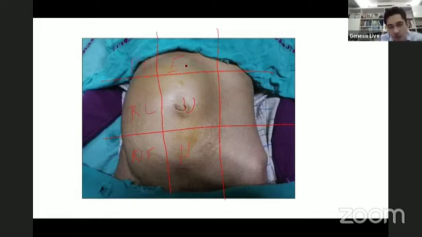So this is a huge lump. You say there is a visible lump in the abdomen which involves all these areas. Then you measure it. What is the measurement? Measure it.